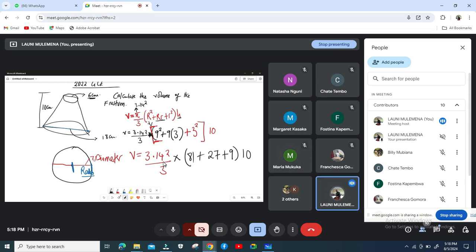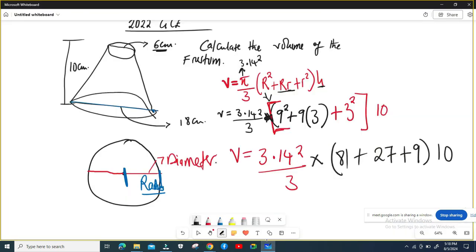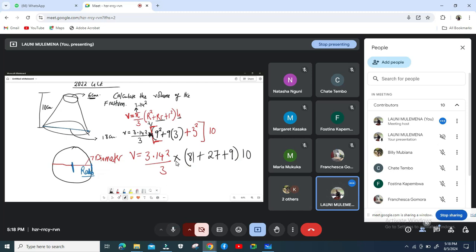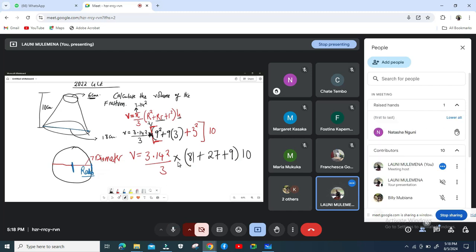The first question is, Madam Faustina was asking, where is this 9 coming from? Maybe someone can explain. Who can try to explain? Yes, Madam Grace.